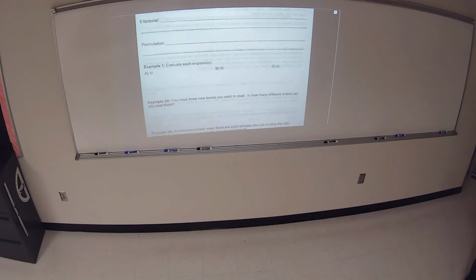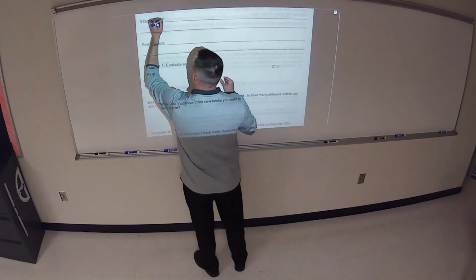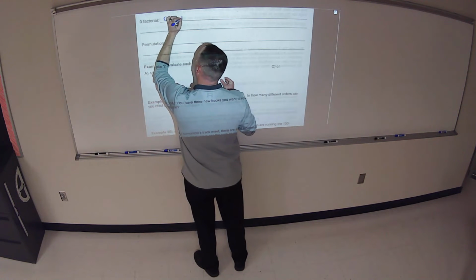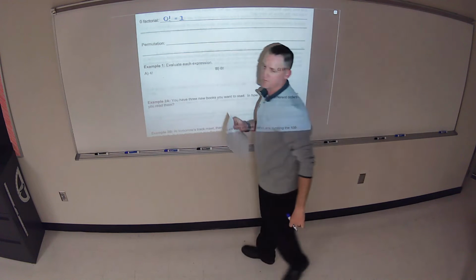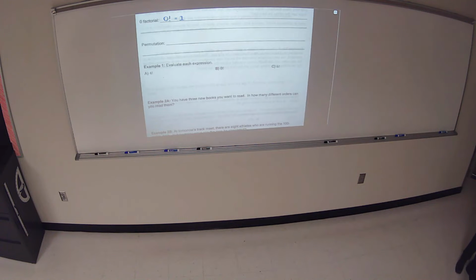It was 1. Anything raised to the 0th power is equal to 1. Okay, and we even showed a little bit about why. Alright? That's the same thing we're going to define here. 0 factorial, which is this, is simply defined as 1. And that's our quick, easy definition for that one.